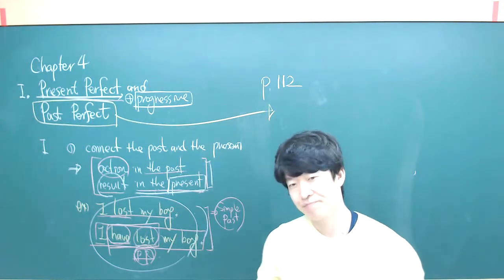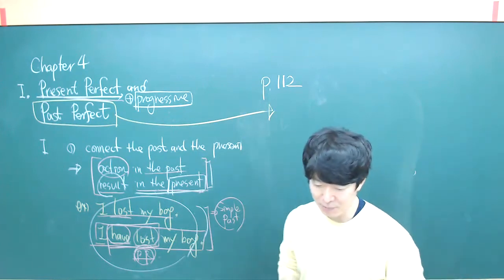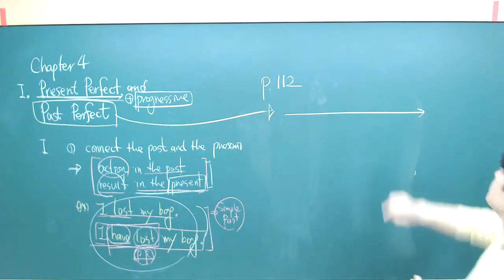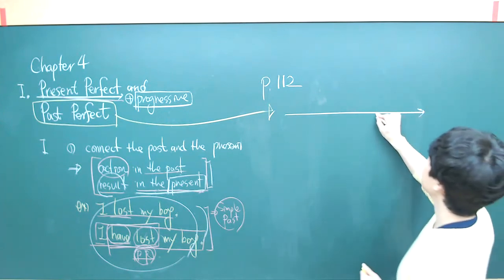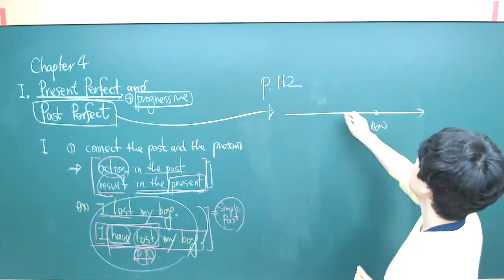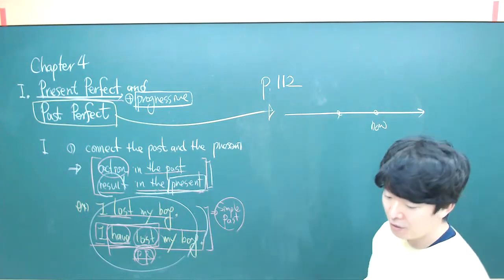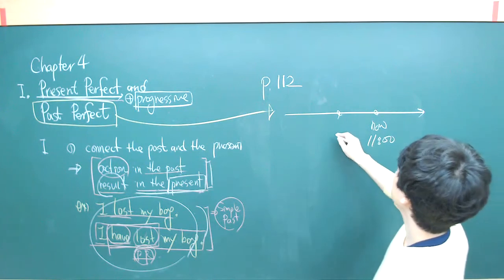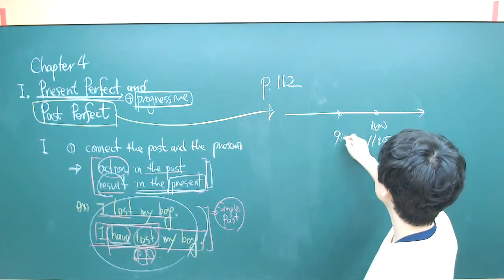Okay, let me explain the basic concept of past perfect. This is a timeline. It's now. Maybe this is 11, and this is 9.